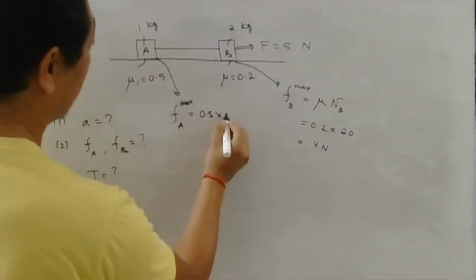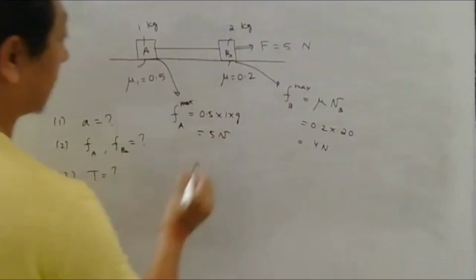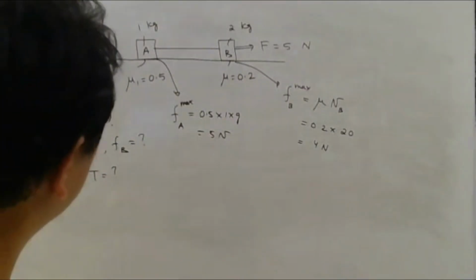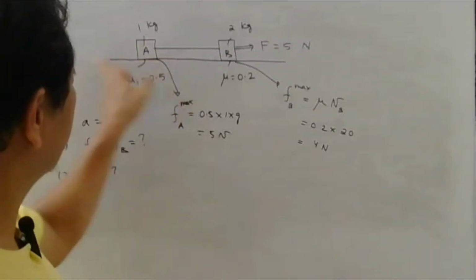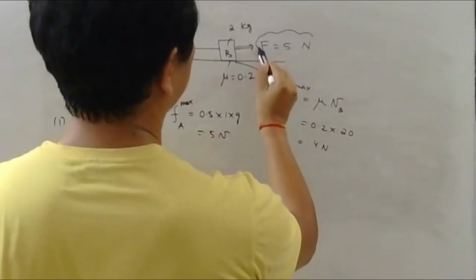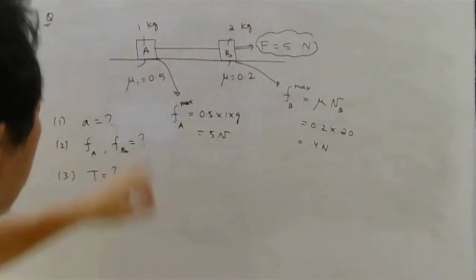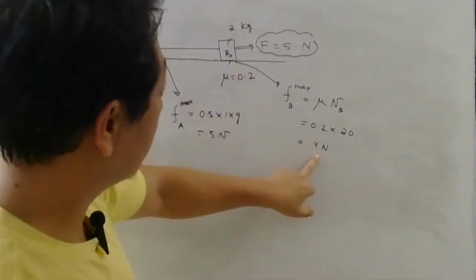Mg here is 1 into g, which is 10. So this is 5. So now my question is, here maximum friction 5 Newton can act this way because the system is trying to go there because of this force. So maximum that can act here is 5. Here maximum that can act is 4.